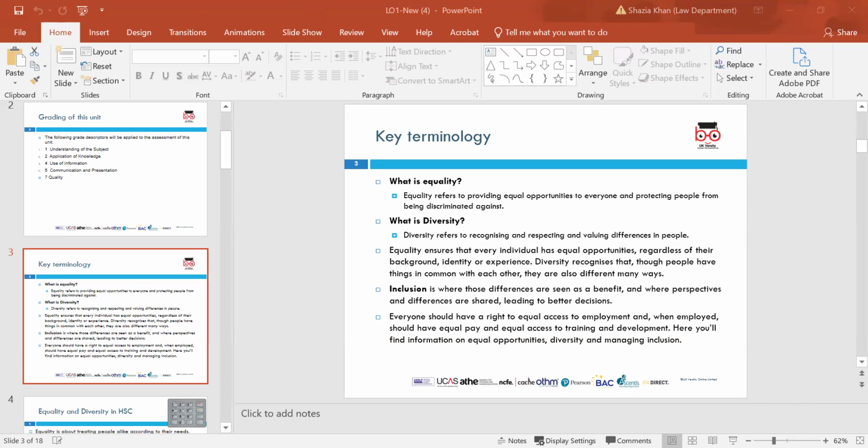So firstly, we'll start with what equality is, because it's really important to identify the elements of equality before going on to what diversity is or what inclusion is. When you look at equality, what's the first thing that comes to mind for anyone?